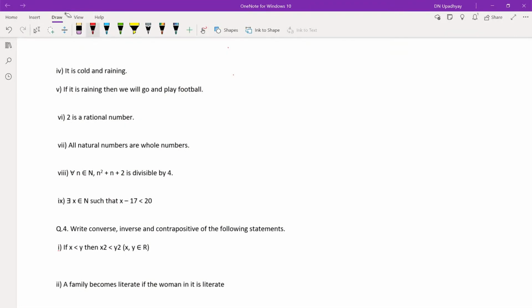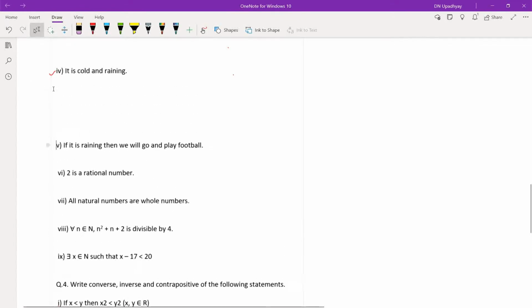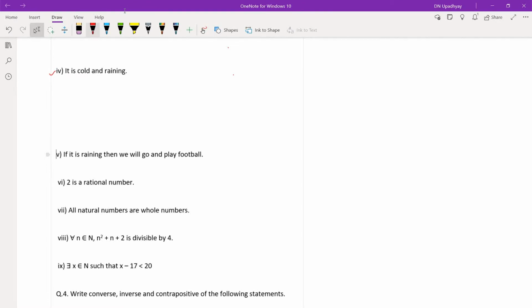Now question number 4. It is cold and raining. So let's assume P such that it is cold and Q such that it is raining.